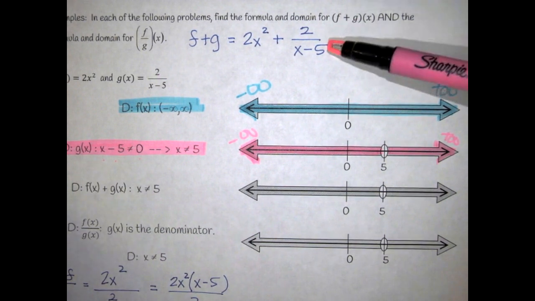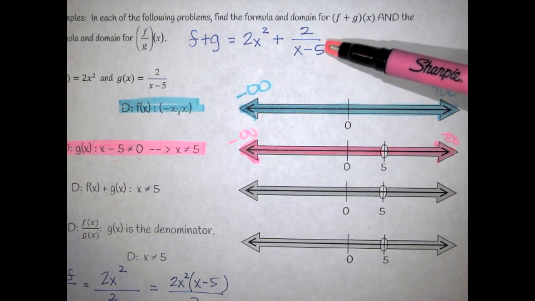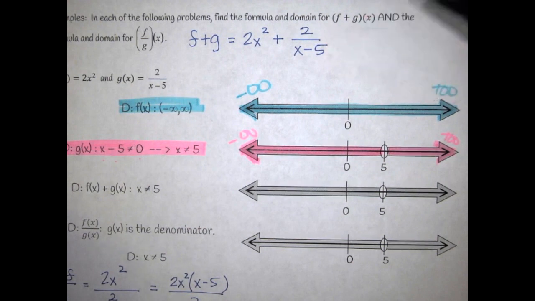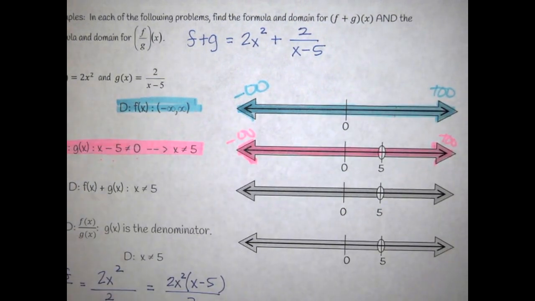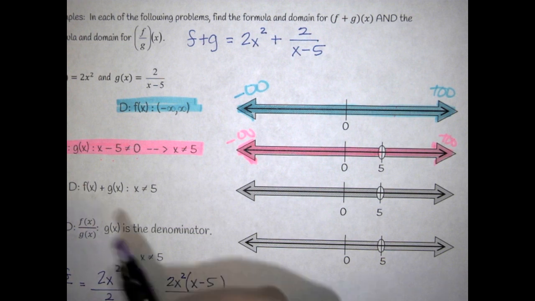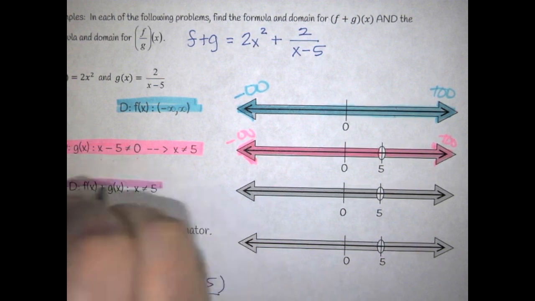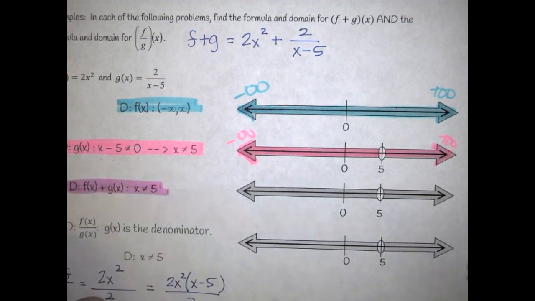Now, if we look up here, we've got f plus g. Here, we have to use the overlap between f and g. If you look between these two, my overlap is everywhere works except at 5. So again, we know that my f plus g is going to work everywhere except at 5.